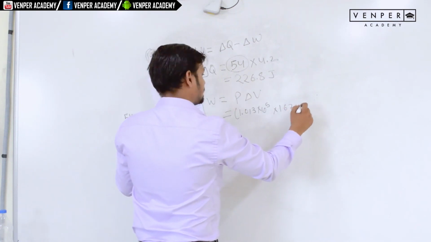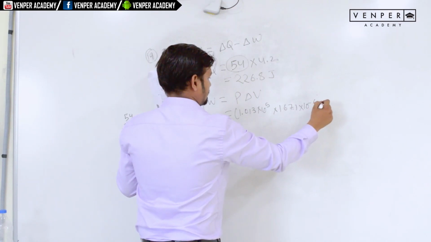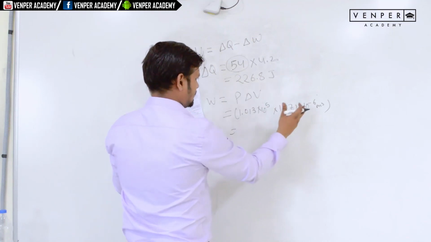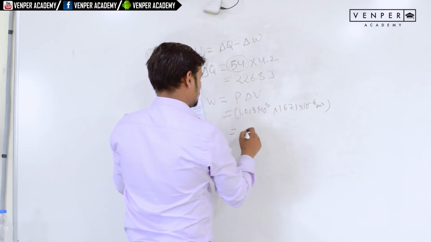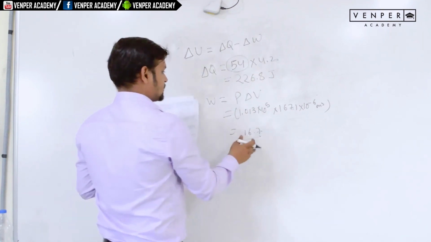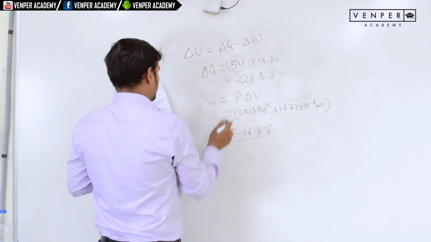Cubic centimeter you will get 10 raised to power minus 6 cubic meter. You can take some approximation, and then what you will get? You can say that this value is approximately equal to 16.7 joule.